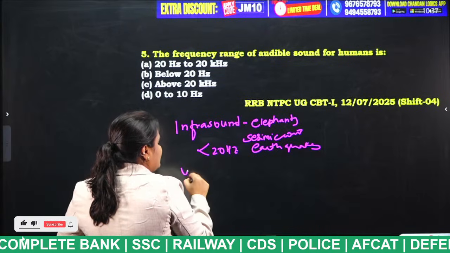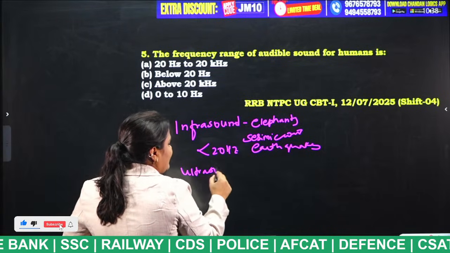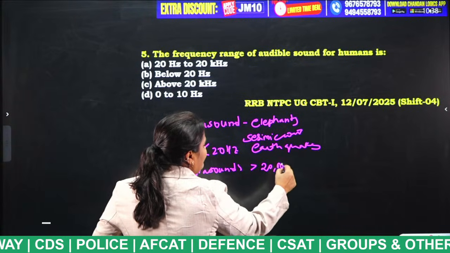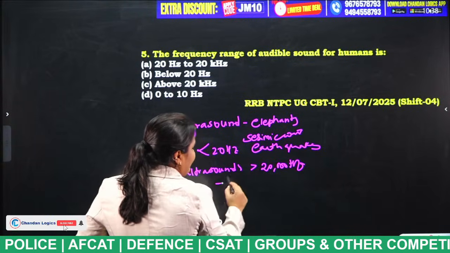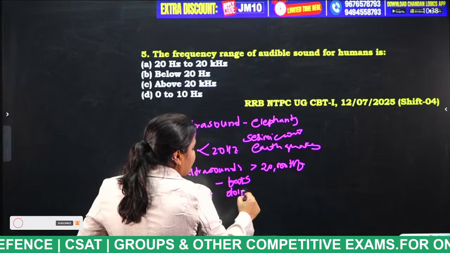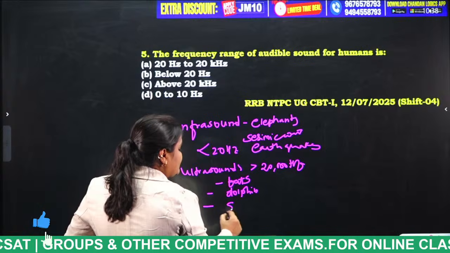And ultrasounds are those above 20,000 Hz, emitted by bats, dolphins, communication, sonar devices.